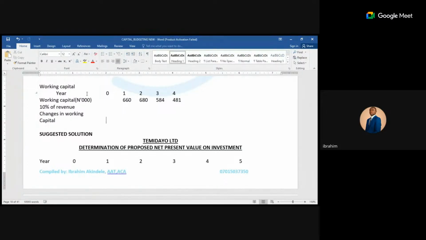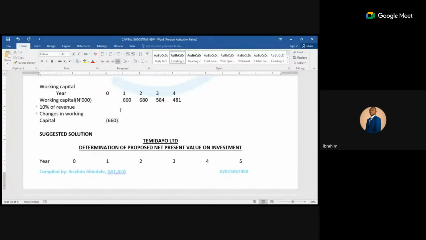At year 0, you will have 0. From year 0 to year 1, what do you have? You have 660, meaning that the working capital has increased.